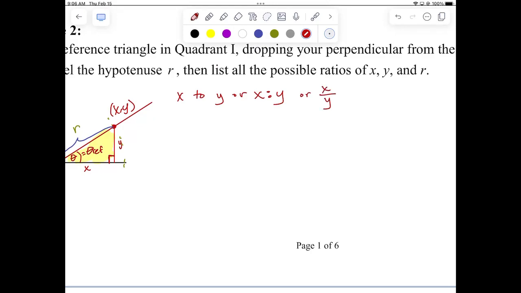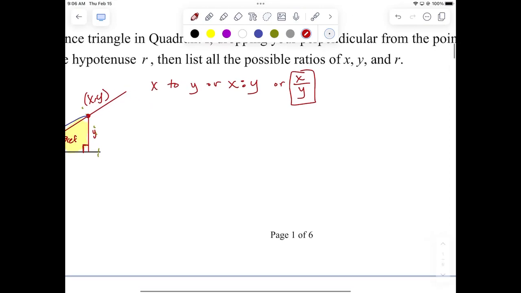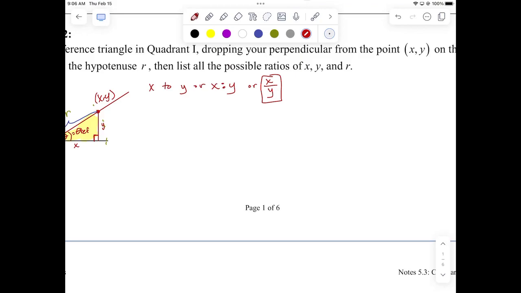Those all mean the same thing, don't they? X to y, x colon y, or x divided by y. We're going to look at the ratio as a division process. So you said x to y. I'm going to write that down here in the bottom right.